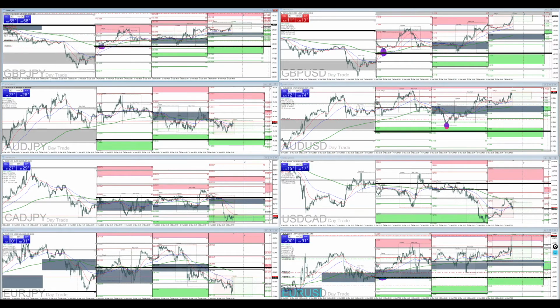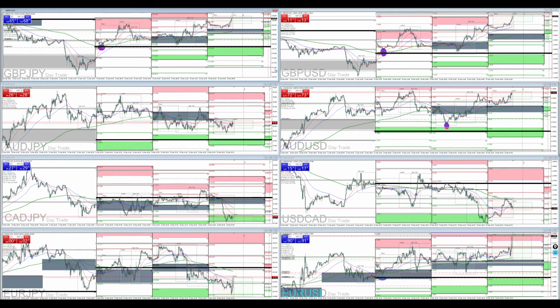Okay, so we're still holding tight on the pound yen. And let's see here.